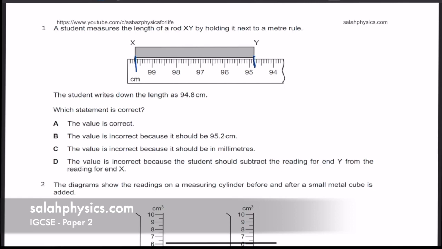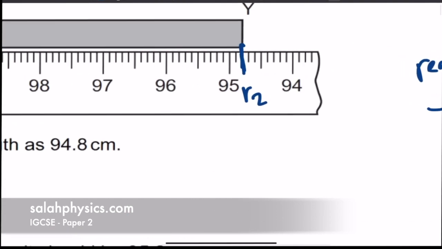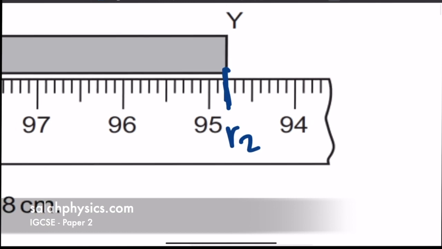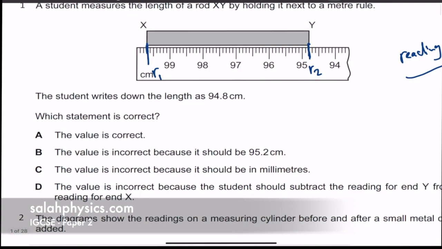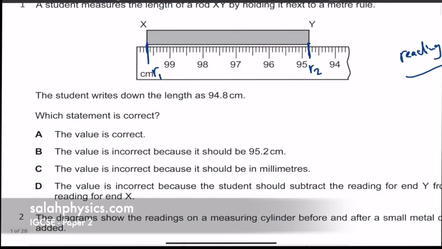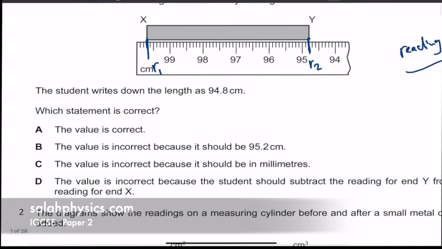So here, if we say this is R1 and this is R2, the length should be final reading, R1, minus R2. This is the correct way to find the length of the rod XY. But in these cases, the student takes the reading just for the Y end, and he ignores the reading for the X end. So A is not correct.